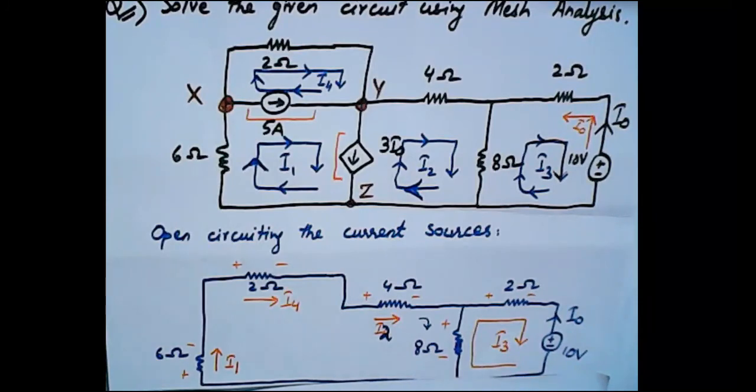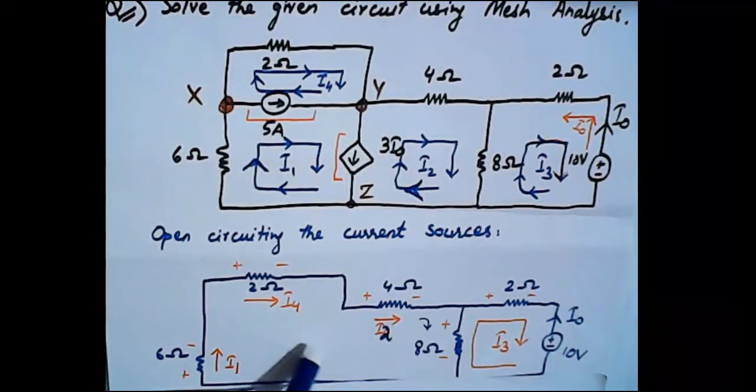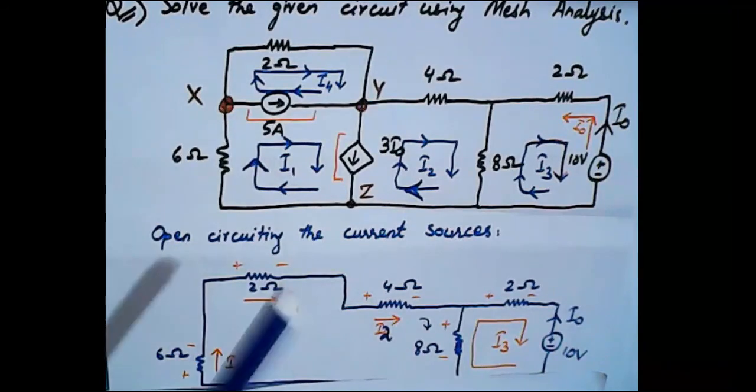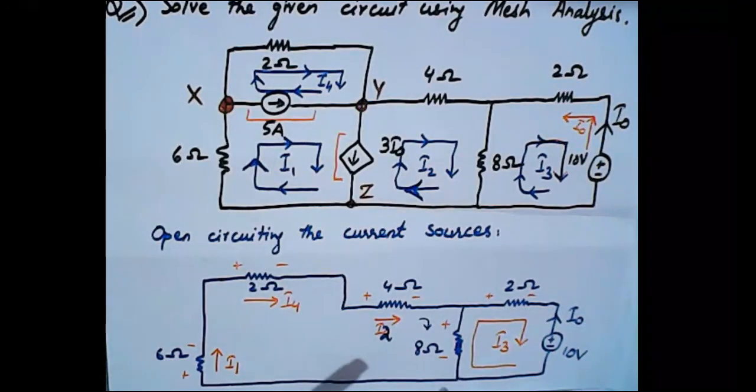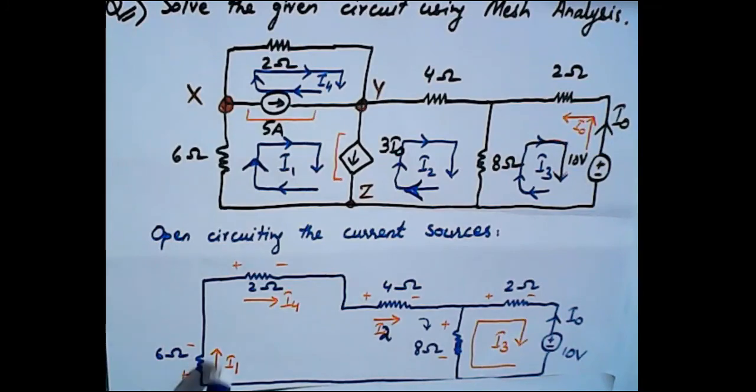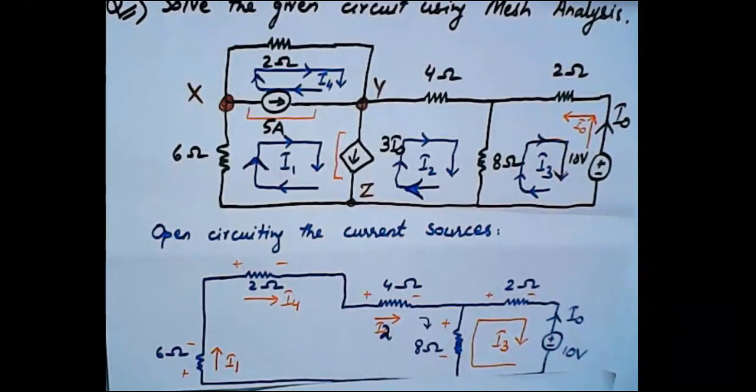Loop I3 has no issue, but here a super mesh is formed, and it is a perfect example of how a single mesh can have more than 2 currents. In the previous example a single mesh had 2 currents, but here there is a super mesh and it has I1, I4 and I2. So a single mesh can have more than 2 currents. At the moment it has 3 currents, so we applied super mesh.